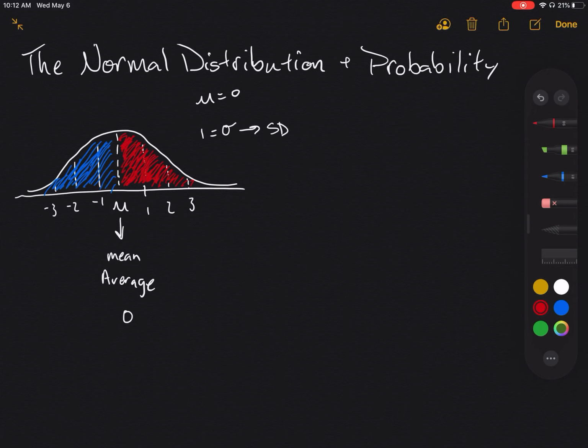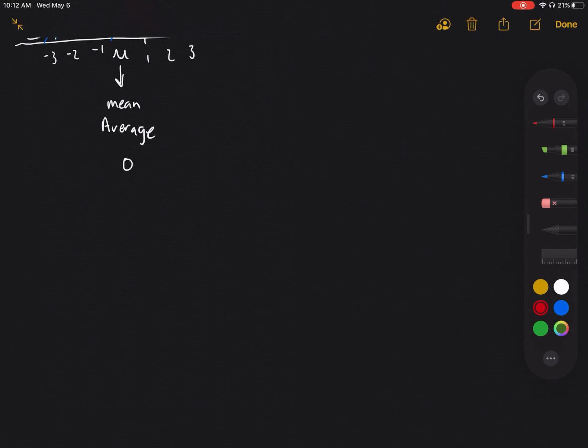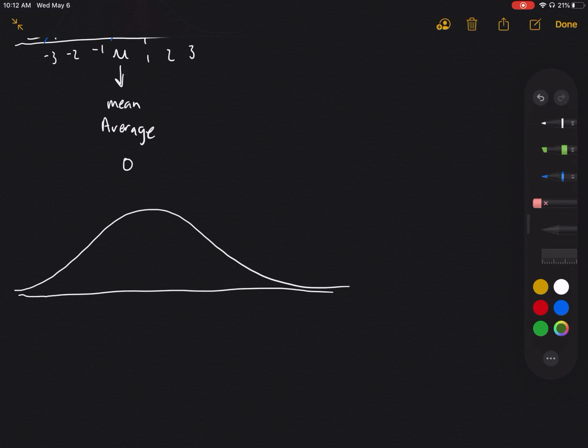So looking at a bell curve, drawn a little bit bigger, maybe not the best in the world.